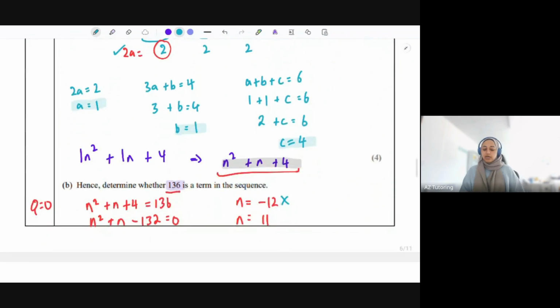So we ignore the minus 12. We accept the 11. And because 11 is an integer, then you say 136 is a term. Now, if we ended up with decimal answers, then 136 is not a term. Because we've got an integer, which is 11, that's the reason why it is a term.